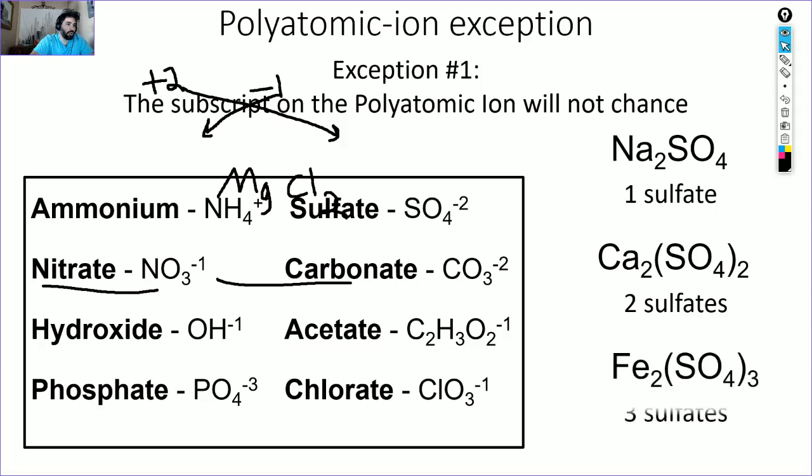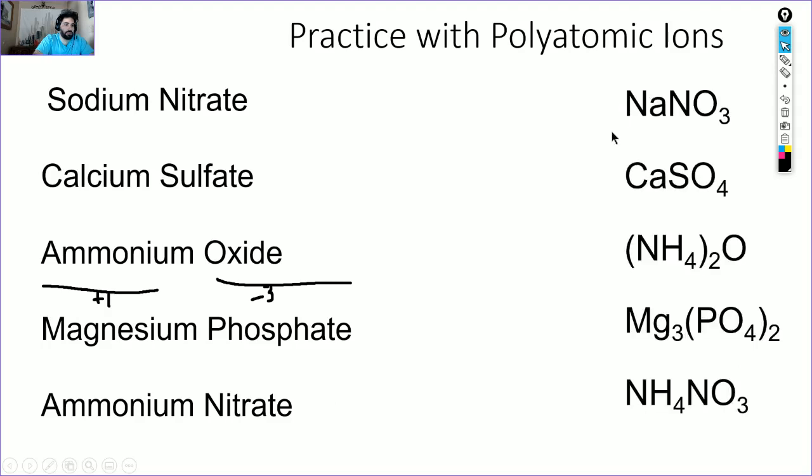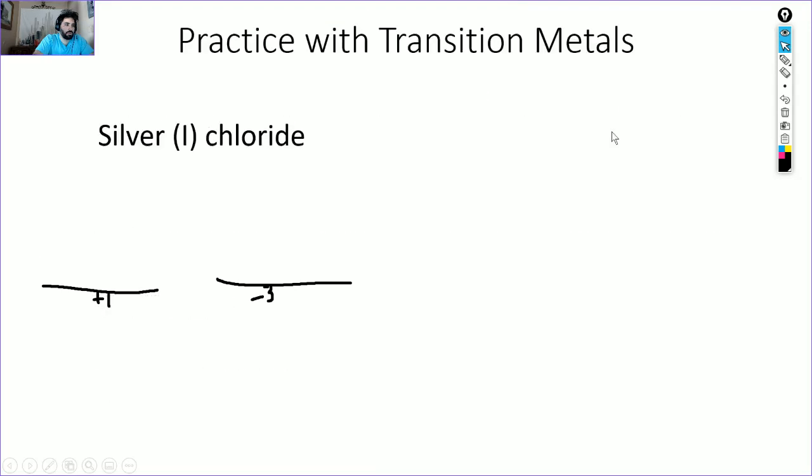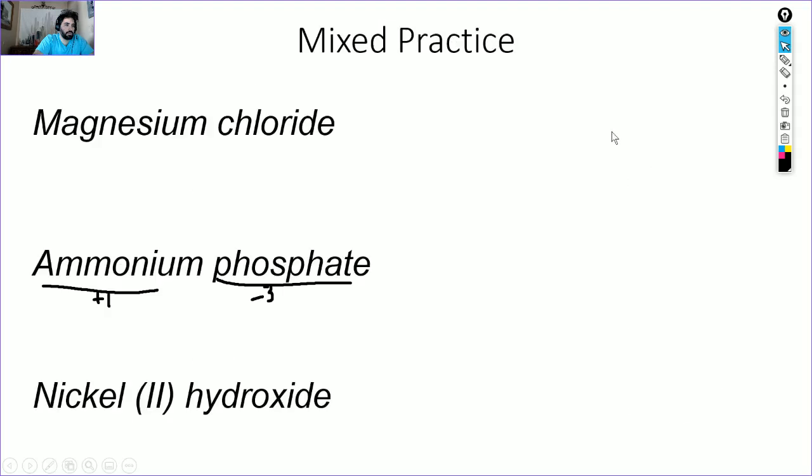Ammonium has a charge of +1. And then phosphate has a charge of -3. So +1, -3. We're going to follow our crisscross method.